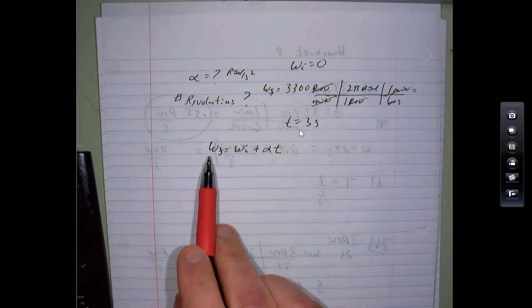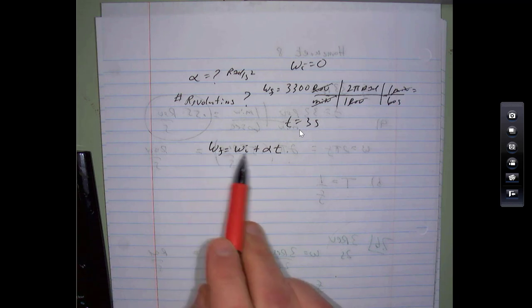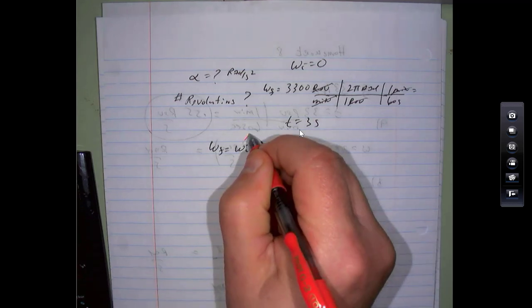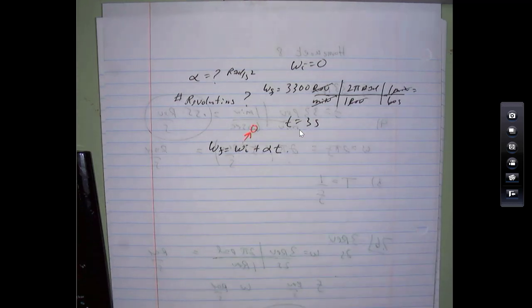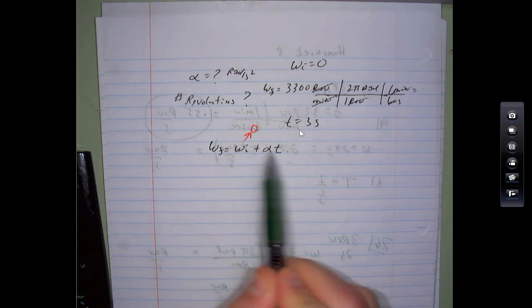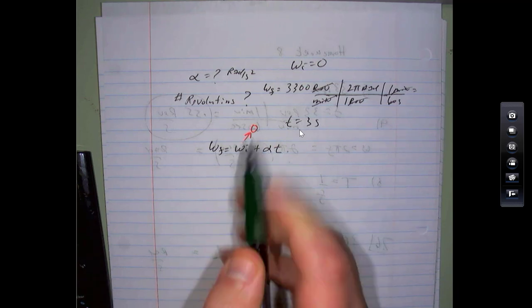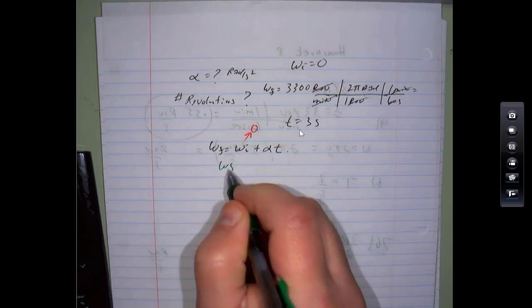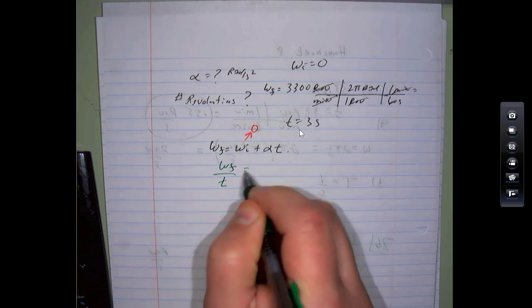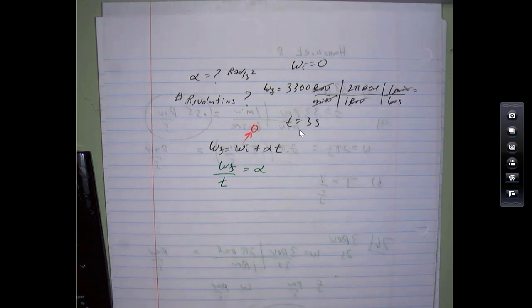Hopefully that rings a bell. The initial is 0 here, so we can get alpha from this first rotational kinematics equation. If that's 0, omega final divided by t will give you alpha.